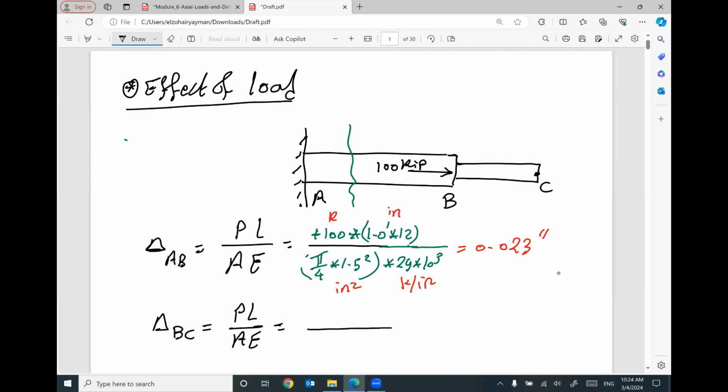This one will be 0. Why? Because if you cut here and use the right part, there is no force. Whatever the values of L divided by AE, the elongation will be 0.